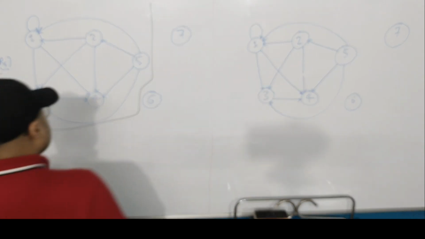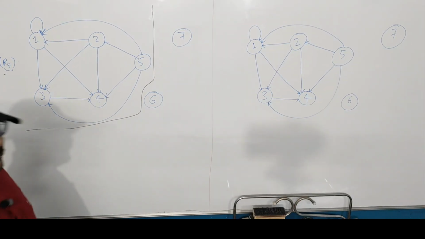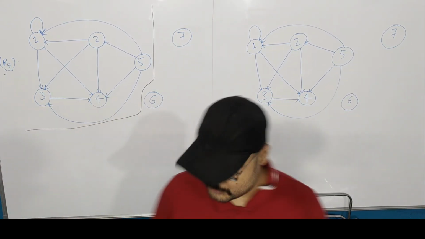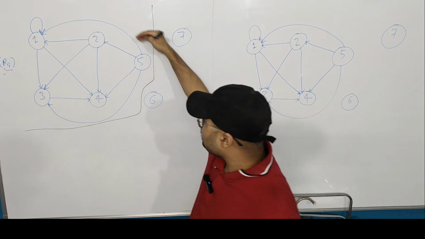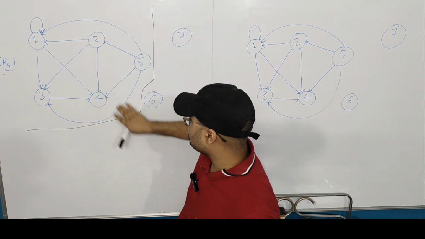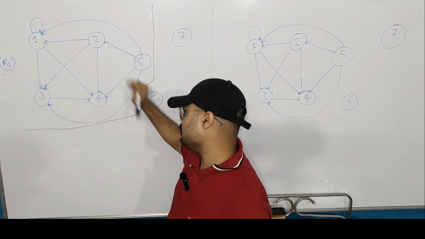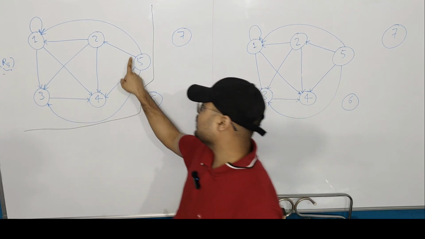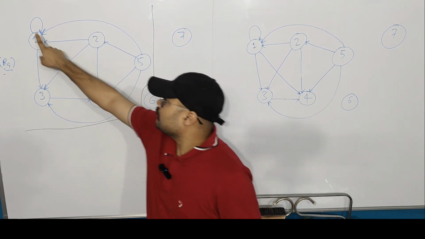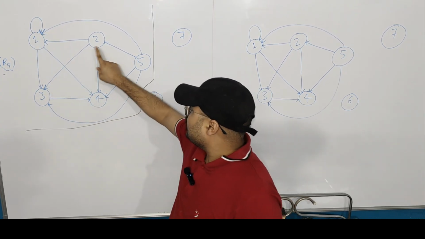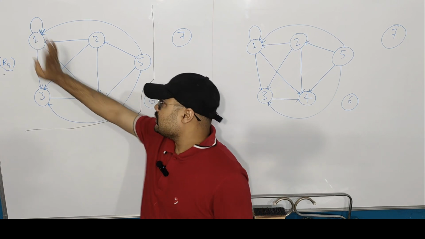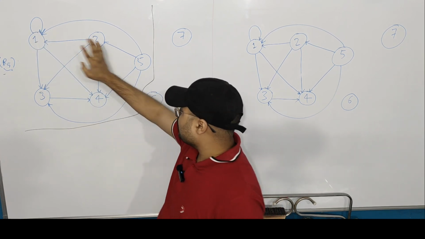Because when you are, let's say, adding edges incrementally, so let's say I do not have this edge and this edge right now. Initially I have only one edge from 5 to 2, and 1 is reflexive, meaning 1 is related to itself, a self loop on 1.